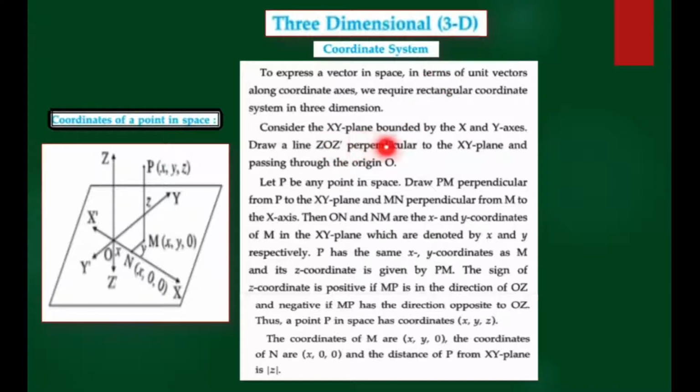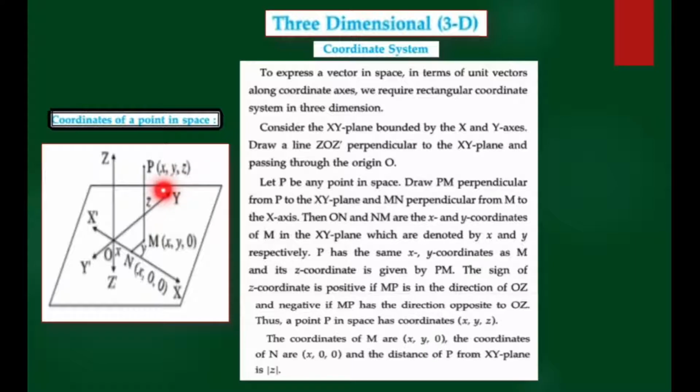Consider the xy plane bounded by the x and y axes. So this is the xy plane, bounded by the x and y axes. Draw a line ZOZ' perpendicular to the xy plane and passing through the point O. So to this xy plane we draw a perpendicular ZOZ' passing through the origin O. Let P be any point in space.